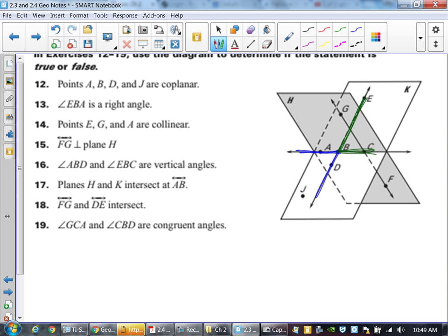Guys, remember from the other day when you had to write out on the test in chapter 1 how you write lines and things like that? One of the things you had to do was write another name for a line. Lines need 2 letters, ladies and gentlemen. They don't need any more than that. Now, think of the intersection of 2 planes.